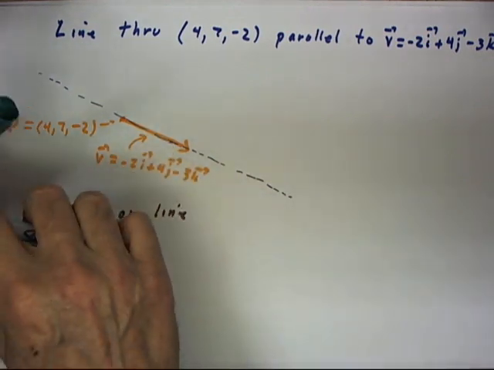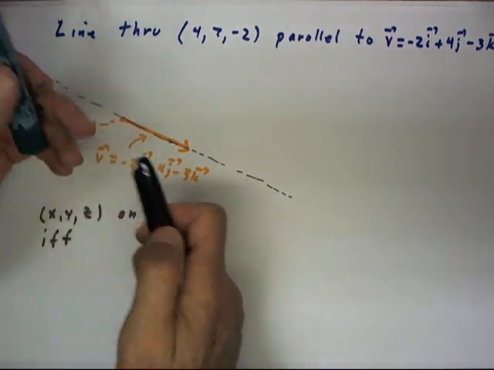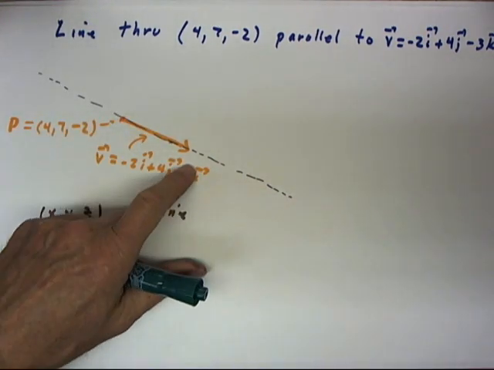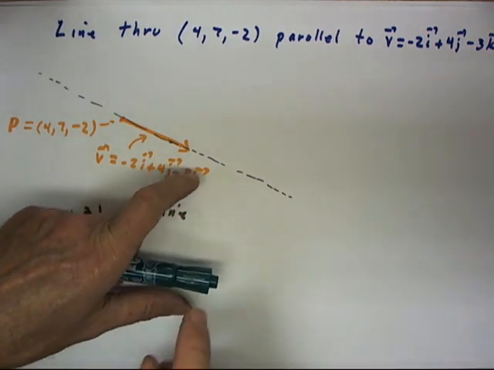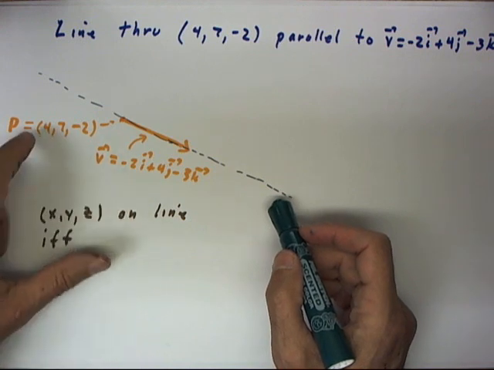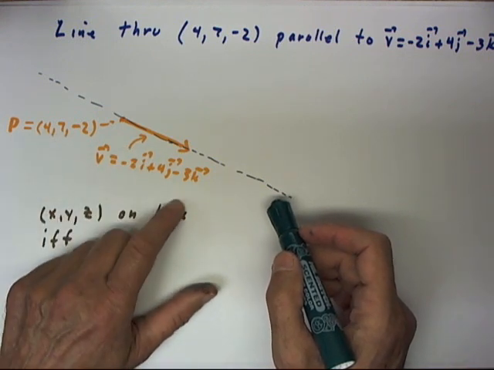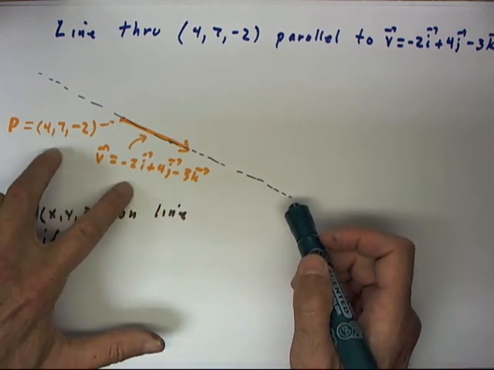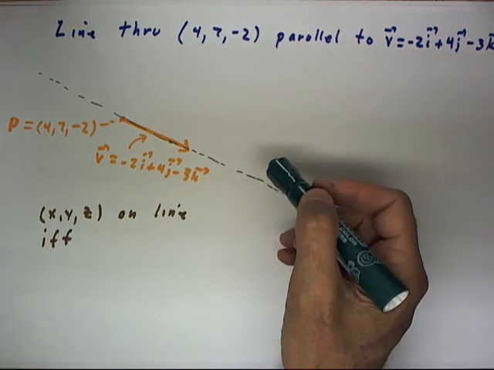Now, if we want to find the equation of that line, the equation of the line is simply an equation in x, y, z that relates the coordinates of this point to these parameters here.